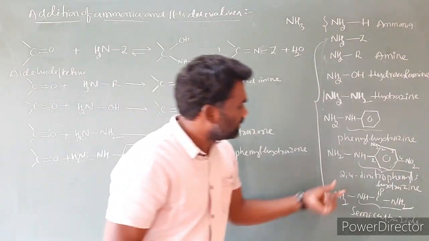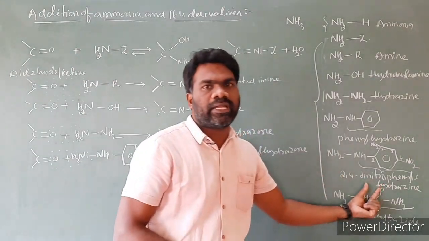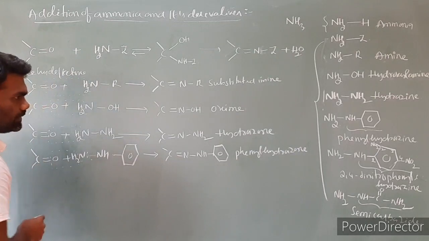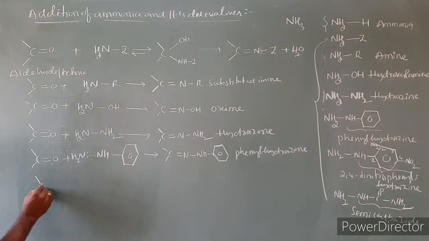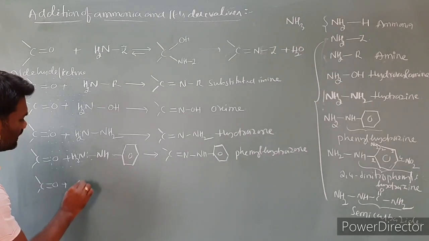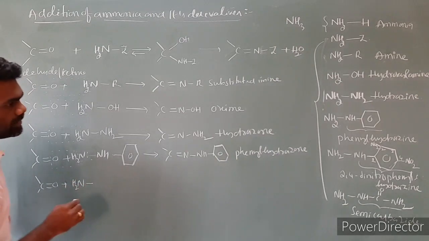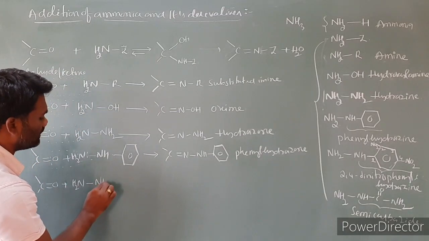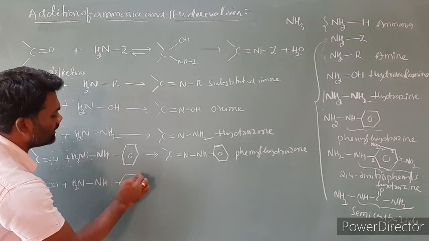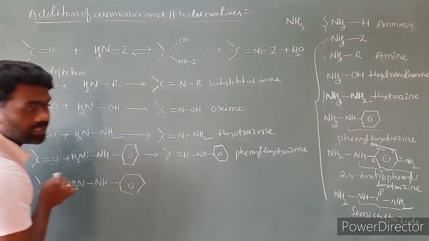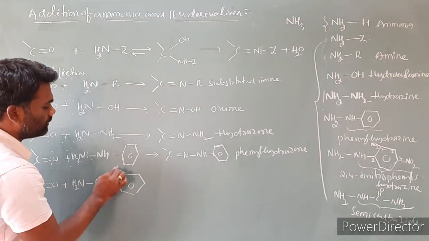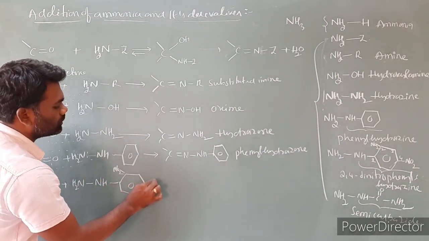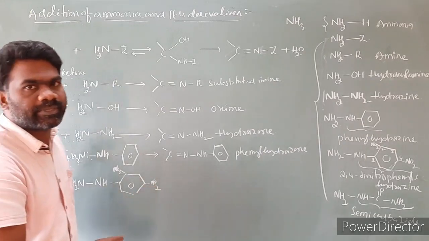Next, 2,4-dinitrophenylhydrazine. Then I am taking C double bond O plus NH2 NH benzene ring. At the second position an NO2 group is present, at the fourth position also an NO2 group is present.